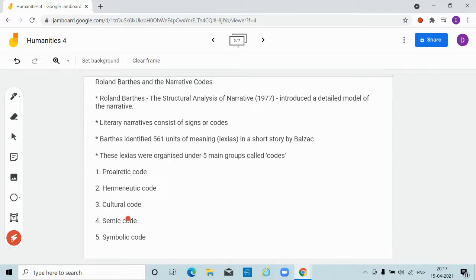Similarly, vice versa. When an American is reading an Indian story, the human aspect of that story might be identified by the American, but he might not be able to understand the little nuances that are there in our culture.